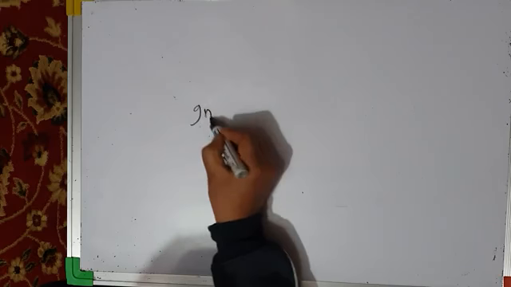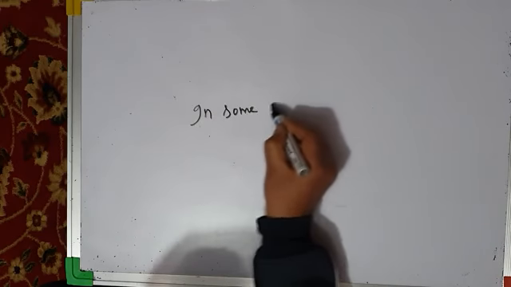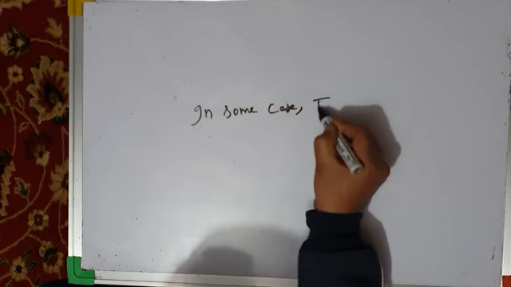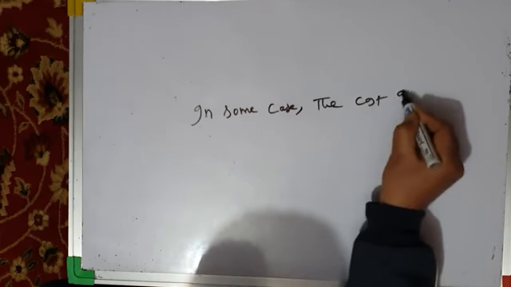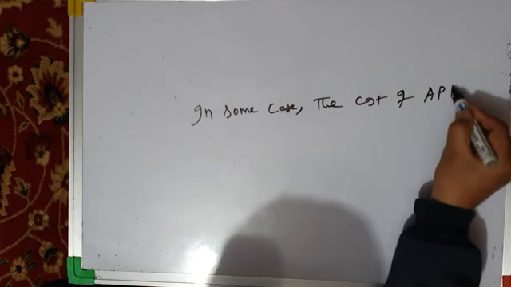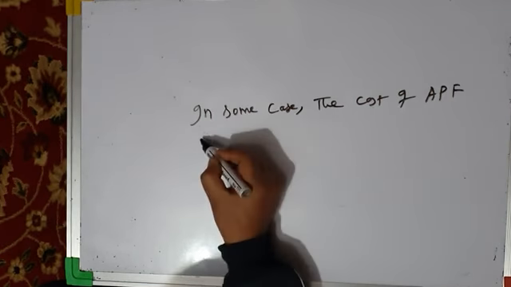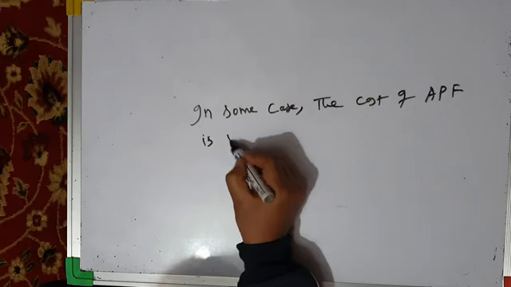Now, sometimes what happens, when you use shunt active power filter or series active power filter, the cost is one of the main factors when you decide about the active power filters. In some cases, the cost of active power filter, whether it is shunt active power filter or series active power filter, is very high.